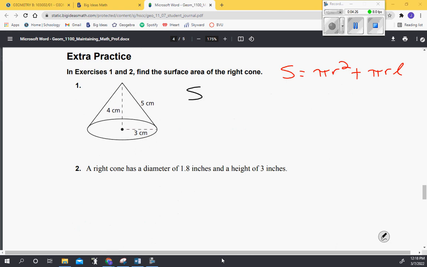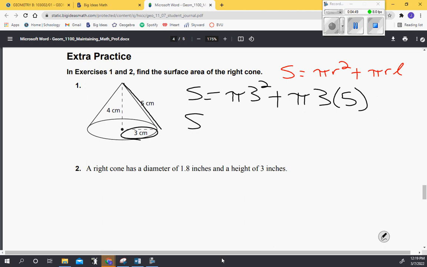Okay, so what is r? R is this 3 centimeters right here. So pi times 3 squared plus pi times 3 L. L is the slant height. The slant height in this case is 5.